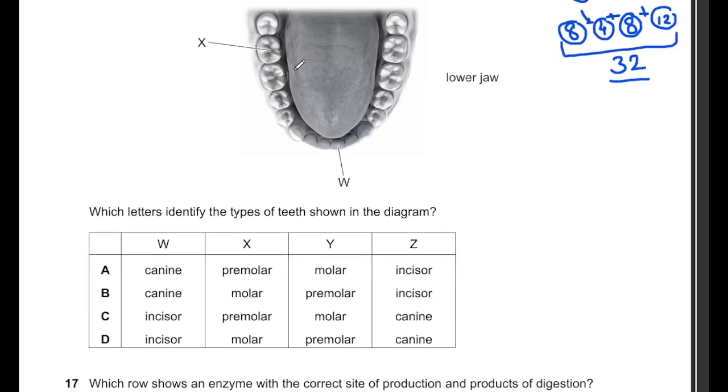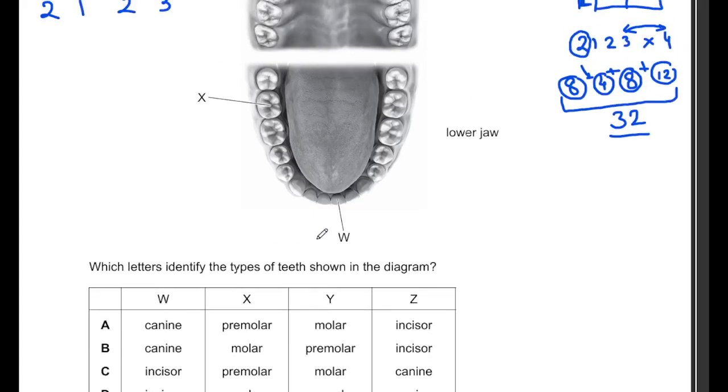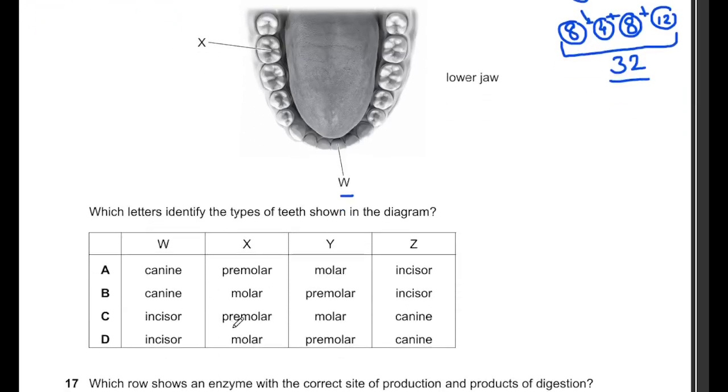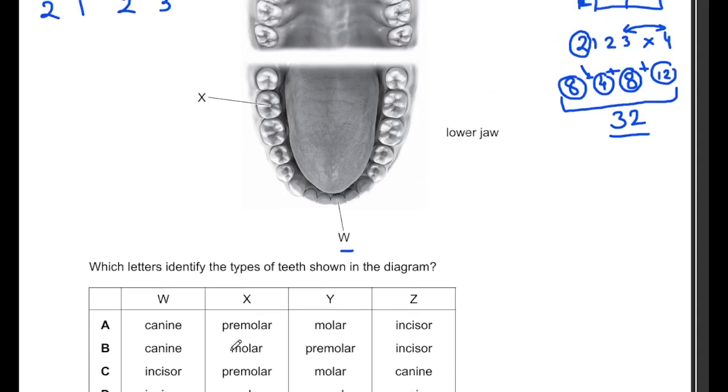So which letter identifies the type of teeth shown in the diagram here? Now W is an incisor, so we got the first one, W incisor. Now X, we have two options, incisor and incisor. X is a premolar or molar. Now check out the grooves here. How many grooves are there?